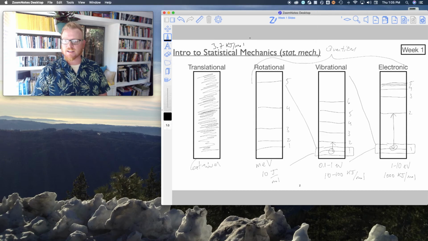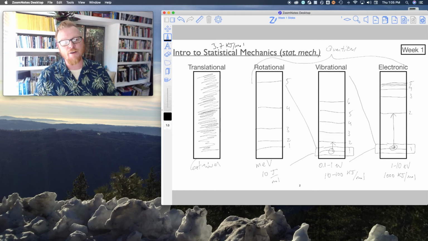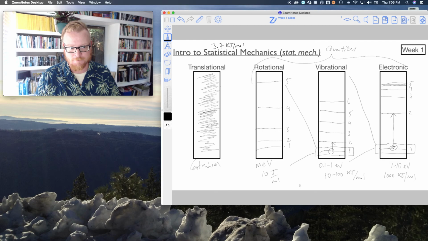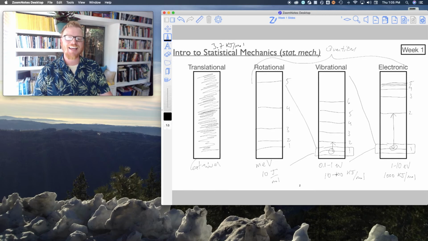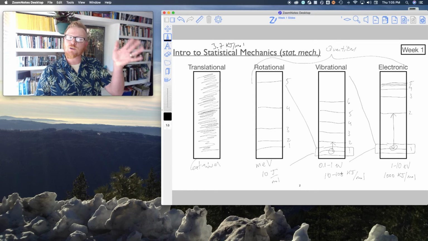So, does it have enough energy to self-promote to an upper electronic level? Absolutely not. It needs about 1,000 kilojoules per mole. This is why at room temperature, practically everything is in the ground state. Well, what about the vibrational levels? You need about 10 to 100 kilojoules per mole, and that's a range.